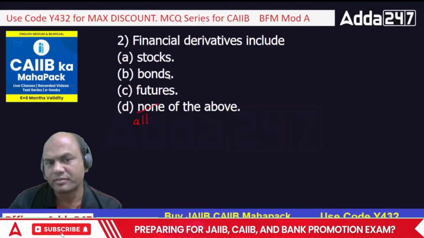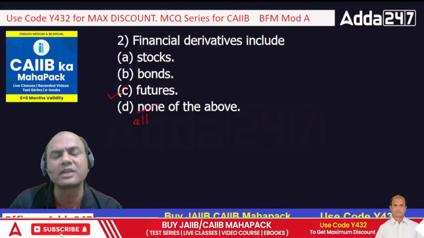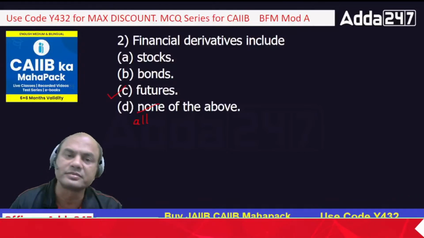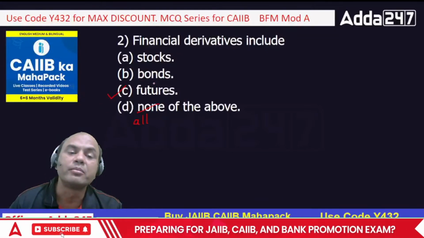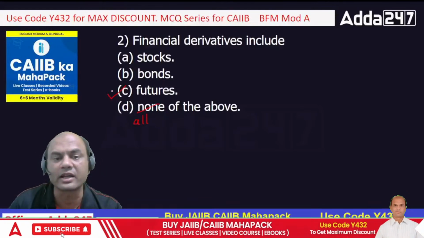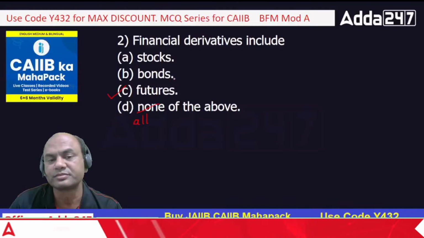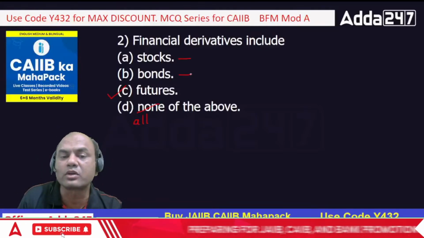See here, I know many of you feel that okay, yeah, C is correct, but obvious C is correct. But what about A and B? Is stock a derivative instrument? Is bond a derivative instrument? Many of you have typed this as D, but D is wrong. The correct answer is C, futures. Stock is a commodity. Bond is a commodity.